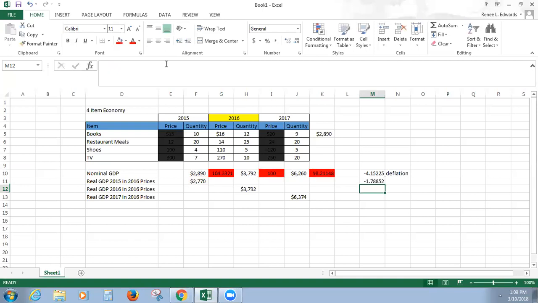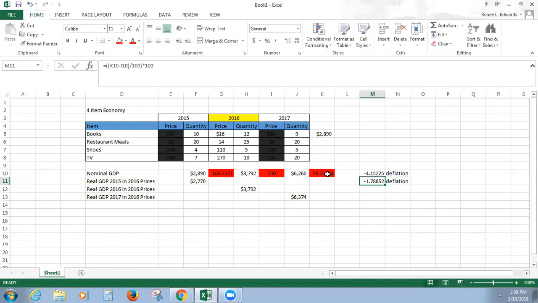And what you're left with is new minus old over old, which shows you the inflation rate between the two years. Notice how we had deflation again. The only reason it is considered to be deflation is because this is a negative number.